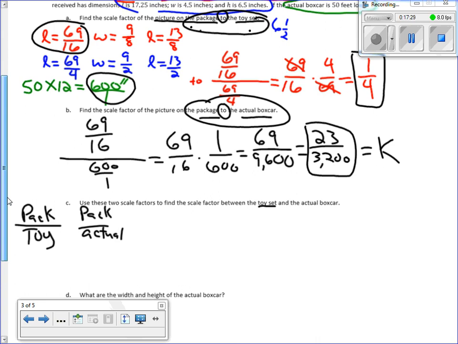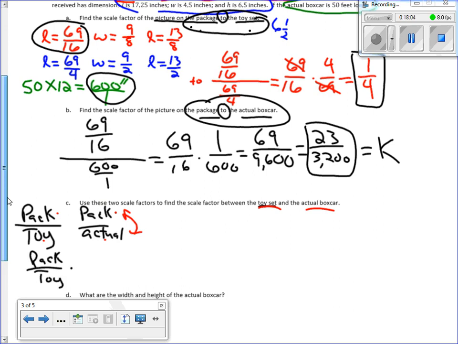Now if I put this into words like this, I want something to cancel. And we're looking for toy set and actual box. So here's toy, here's actual. We want these packages to cancel. They're not going to cancel if they're both in the numerator, so I need to flip one of these. And it doesn't matter which one I flip. So I'm going to flip this one. So I'm going to redo this as package to toy over actual to package.